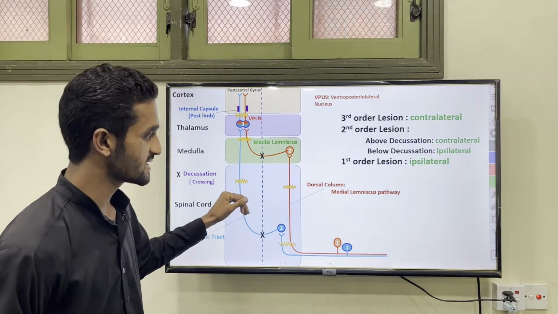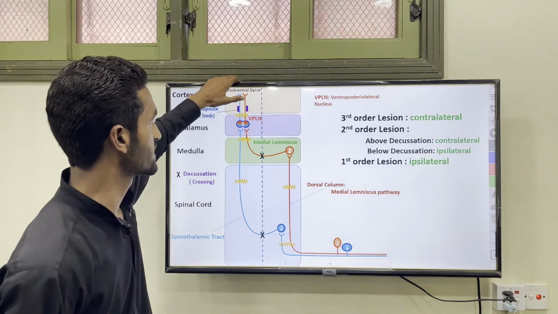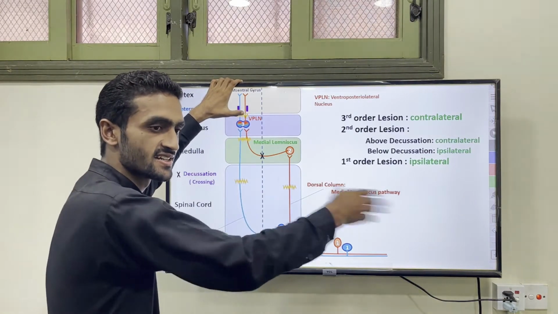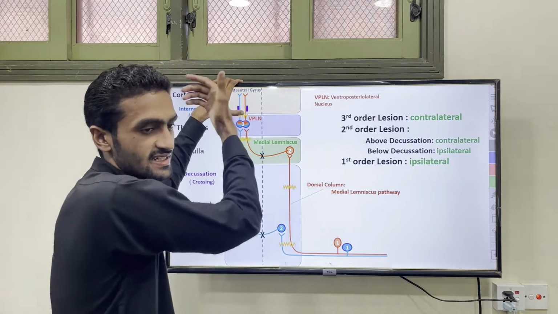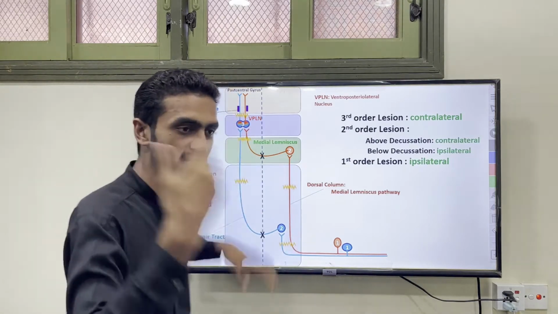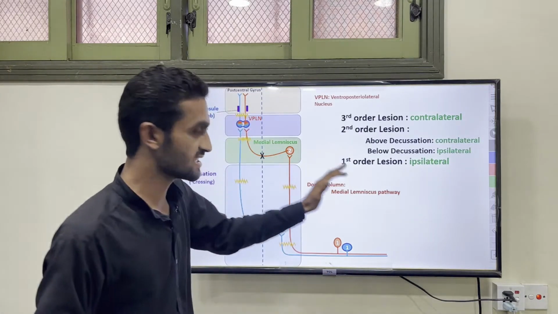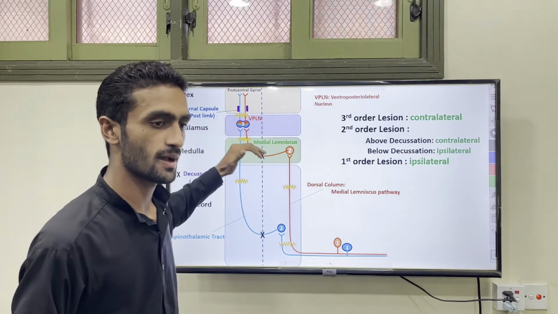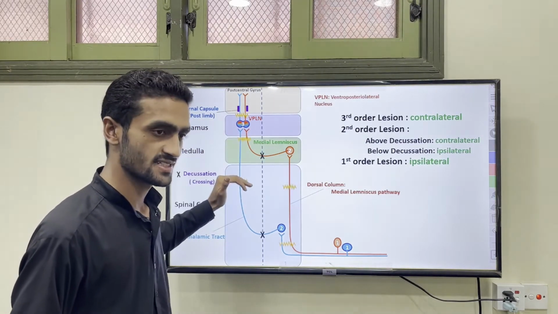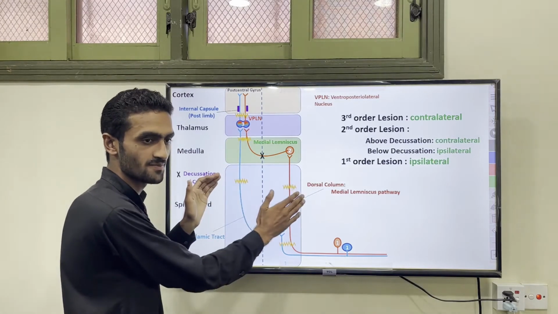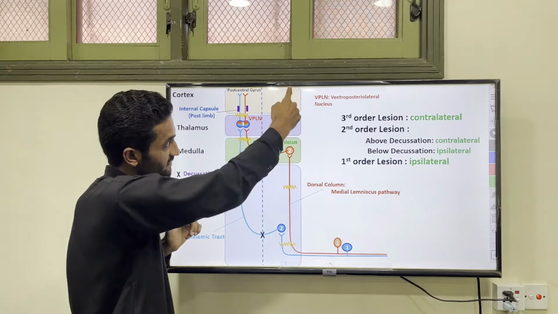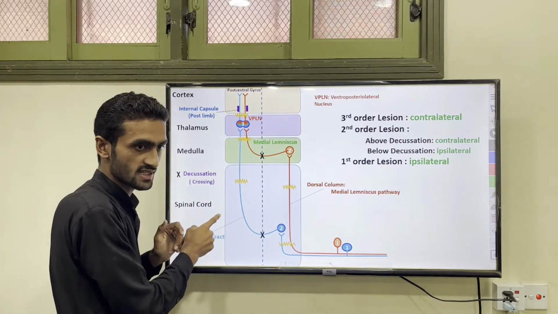If the loss is at this level, pain and temperature sensation are lost contralaterally, and proprioception and vibration are also contralateral. At this level, above the decussation, both are contralateral. At this spinal level, some are contralateral and some ipsilateral, because if the injury is here, other fibers coming in right here also cross at this level.